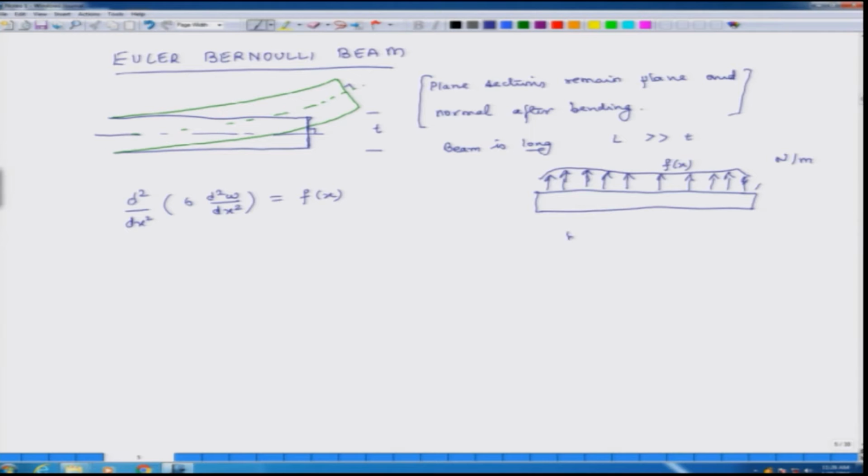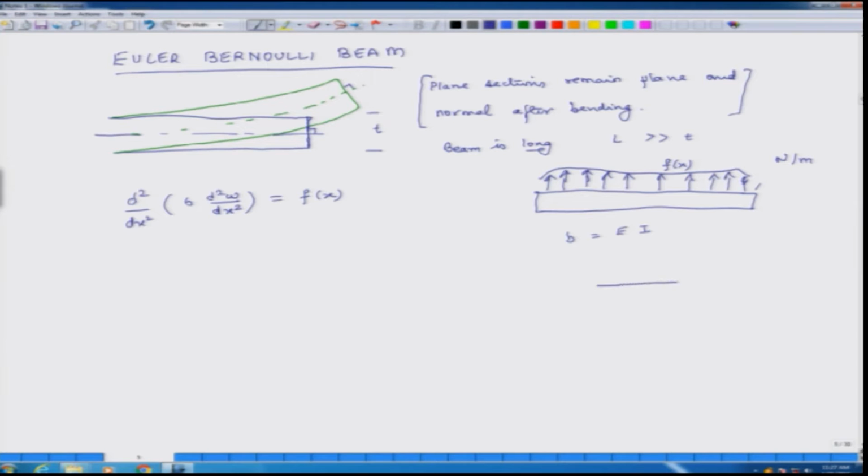And B is a multiple of two things. One is Young's modulus E, and I is the moment of inertia of the cross section at point x. So, this I can vary with respect to x, and so could E. A couple of other things, because this is the convention we will use.